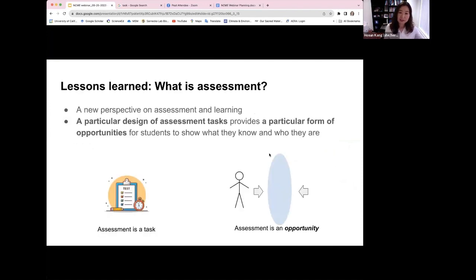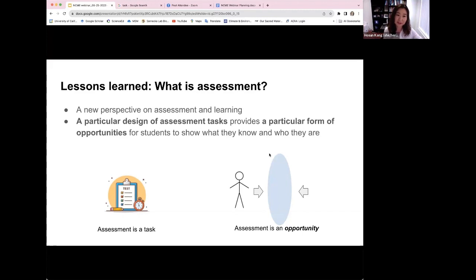But for me as a researcher and educator, the bigger takeaway from this research is that my thinking and my perspective about assessment and learning has changed as I've been exploring this topic. Before then, I was thinking in a very simplistic way. Well, if there is an assessment, then I can see to what extent students know something about what I wanted to know. So assessment is more like a simple task.